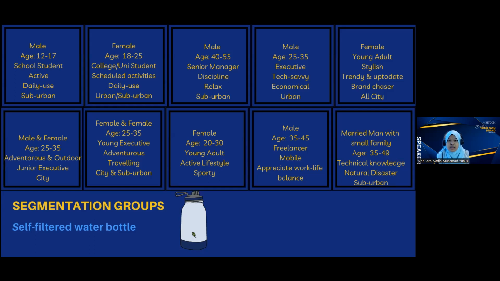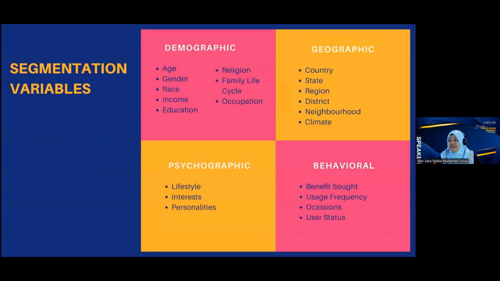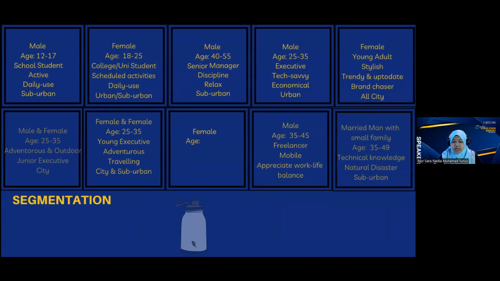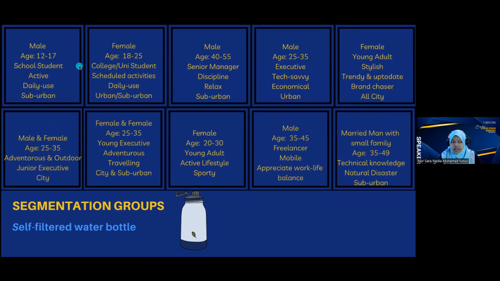Okay, and if you look at each segment that we have here, all these subgroups, we are actually utilizing things that we learn in our segmentation variables. Okay, how we divide the subgroups, we utilize the segmentation variables as a characteristic for each subgroup here.